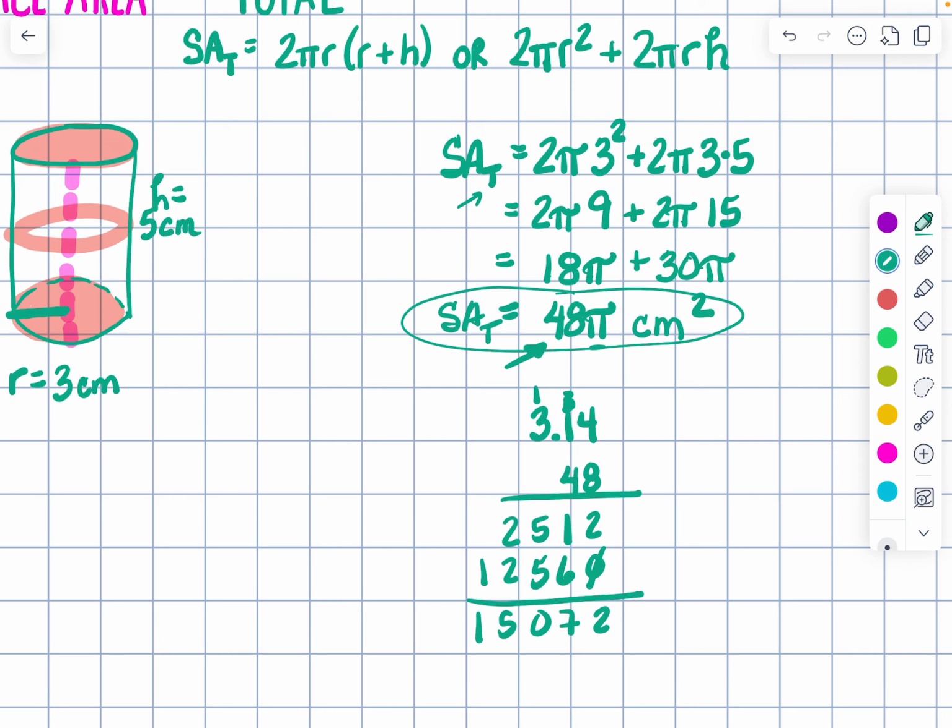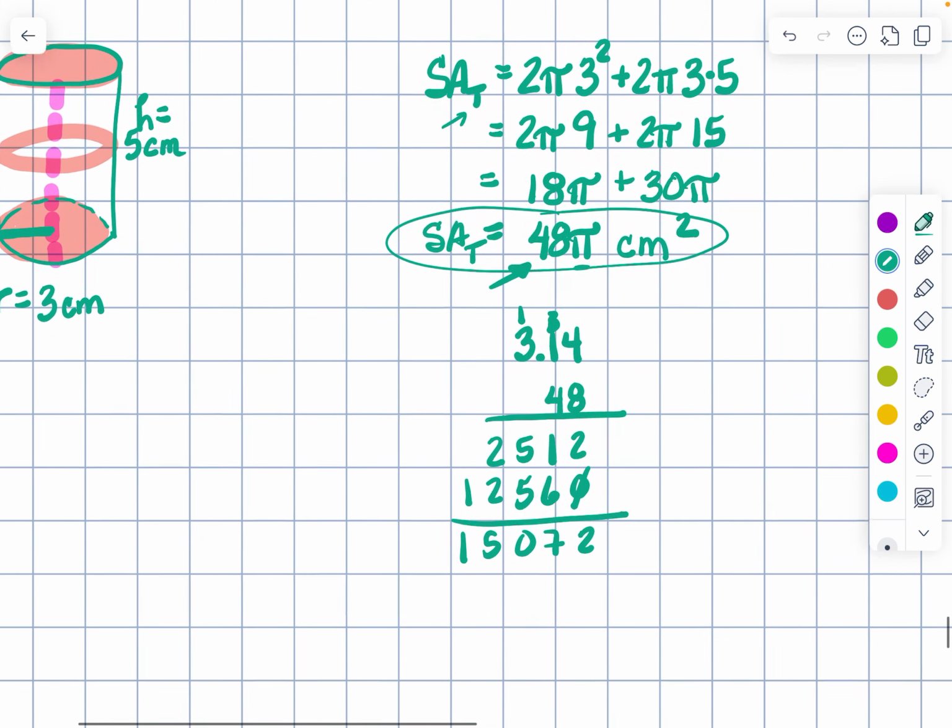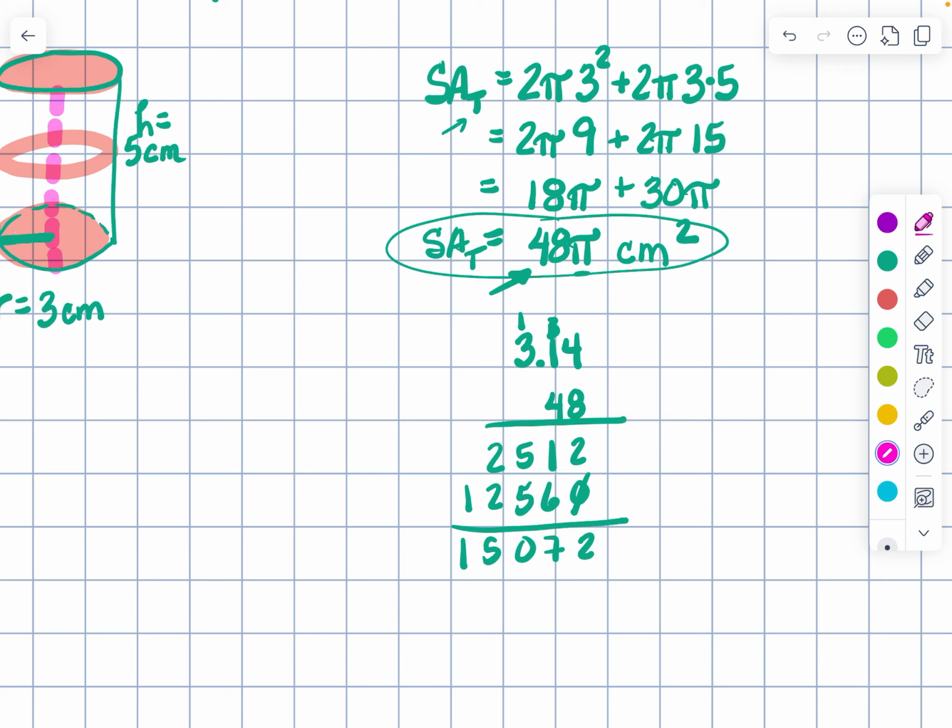Does this make sense? 48 is about 50. 3 times 50 is 150, so yes, that makes sense. Let's go ahead and deal with this decimal so we don't forget. So we end up with 150.72 centimeters squared. And that is your answer.